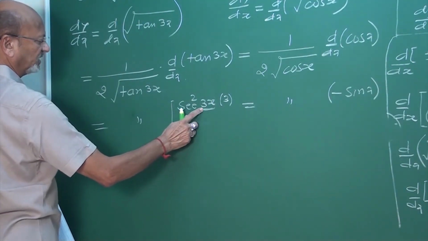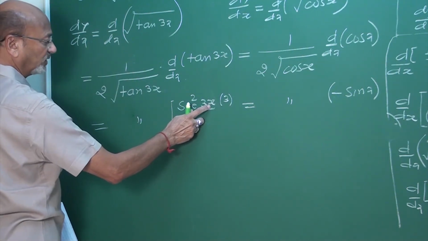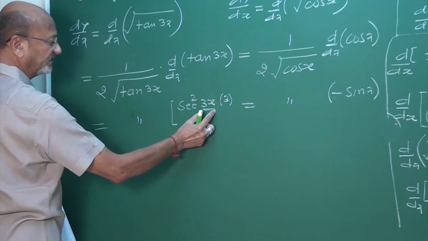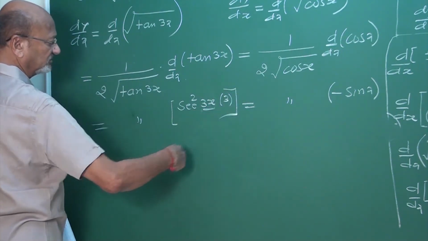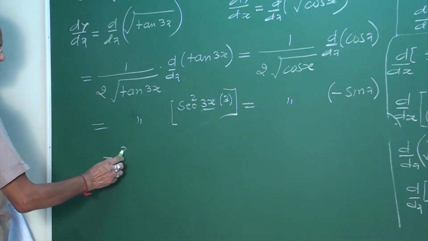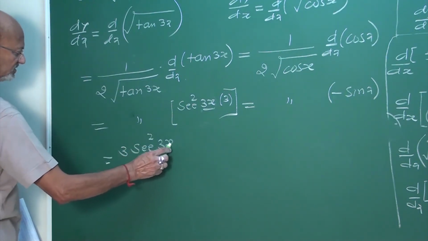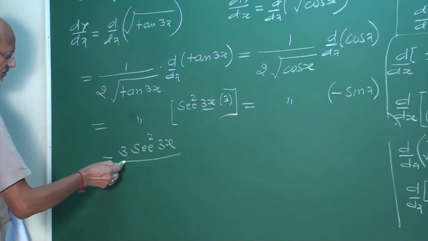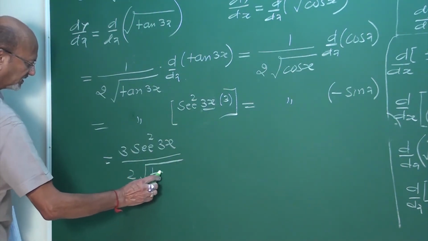What is the derivative of 3x? 3. If it is x, no need to write. Why? Derivative of x is 1. If it is other than x, write its derivative. 3x is 3, kx is k. Yes, my friend, write only this much. It is 3 sec square 3x, denominator 2 root tan 3x.